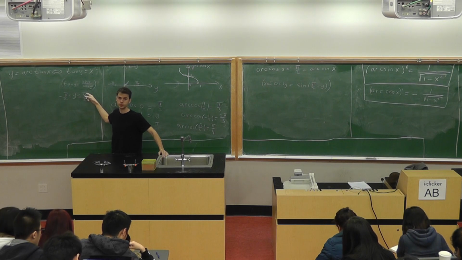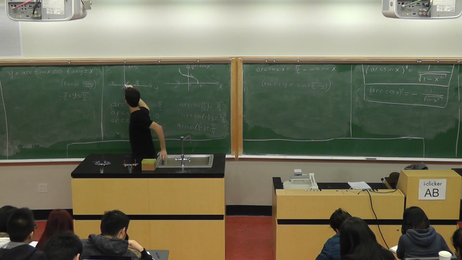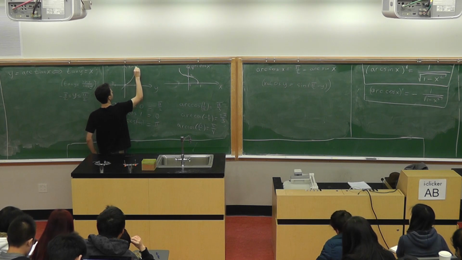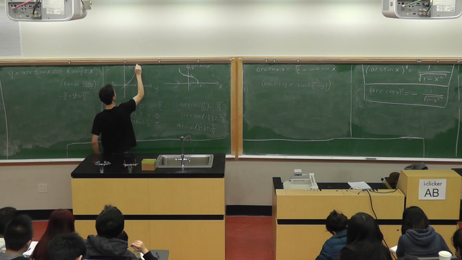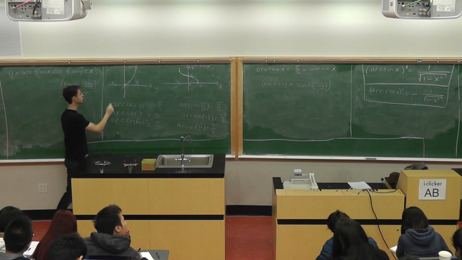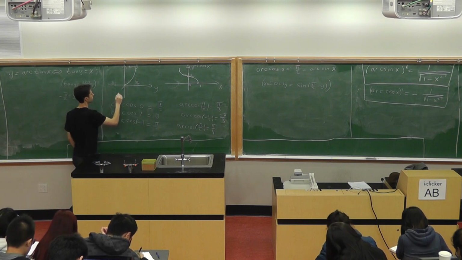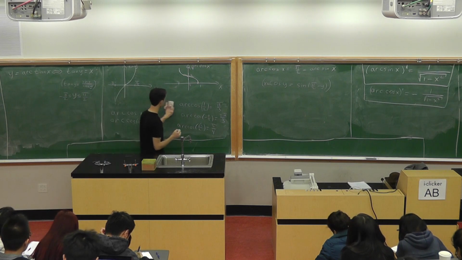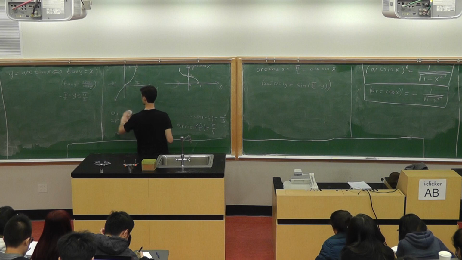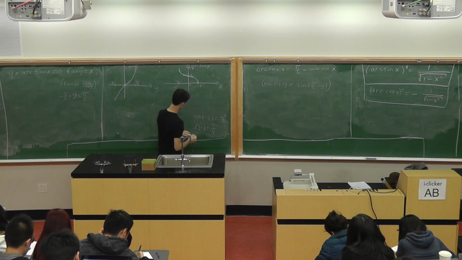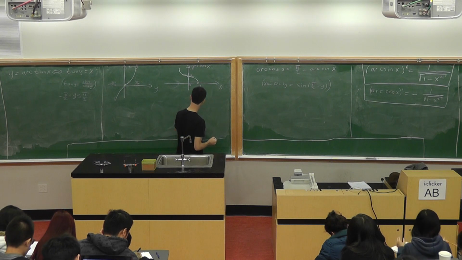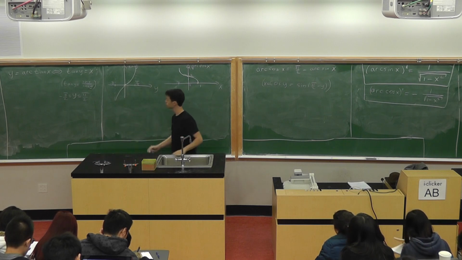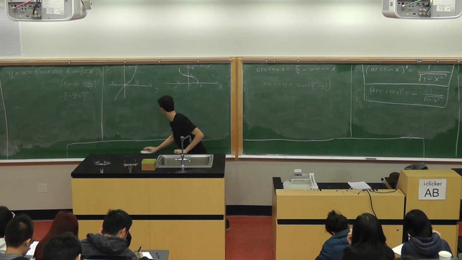So the denominator approaches 0, and the tangent becomes infinitely large. So this function has a vertical asymptote, and also a vertical asymptote here. So that's the graph of our tangent.